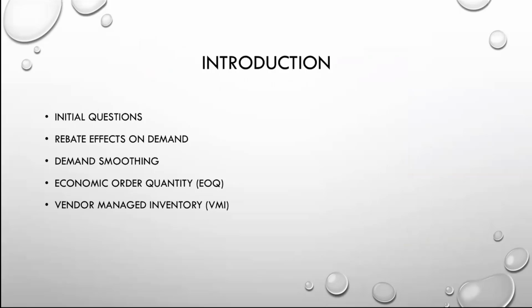I'm going to go into demand smoothing in a little bit more detail. I only scratched the surface last week, and I feel that I should give a little more detail on this. I'm going to go over economic order quantity for this week, and then if I have enough time, I'm going to go over vendor managed inventory. So without further ado, I'll start with the first slide.